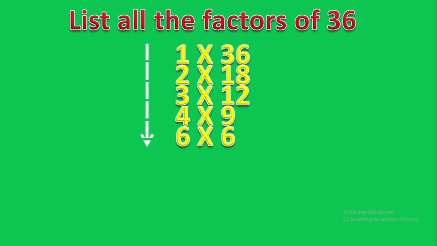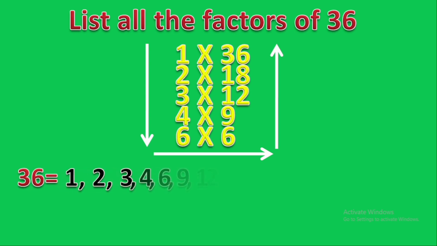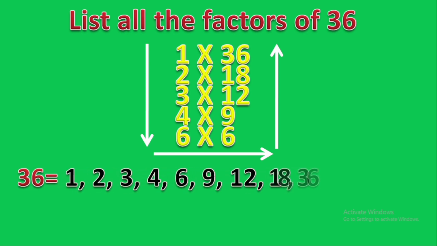Again we follow the arrow top to bottom, then left to right, and then from bottom to top. Now let us list all the factors of 36. So we have 1, 2, 3, 4, 6, 9, 12, 18 and 36.